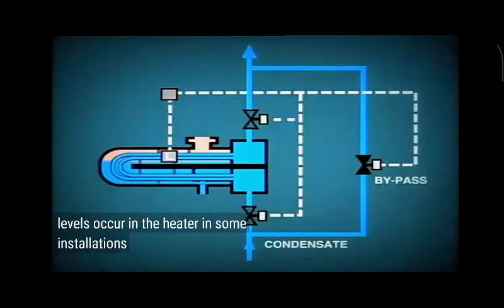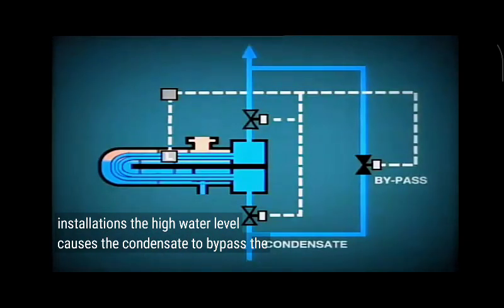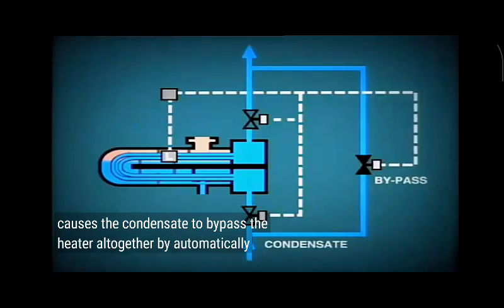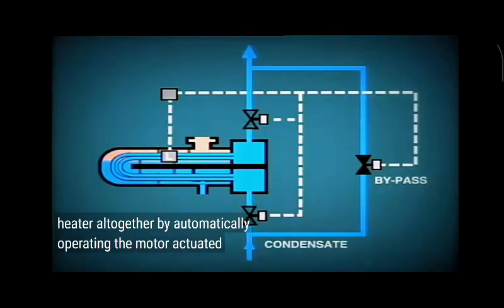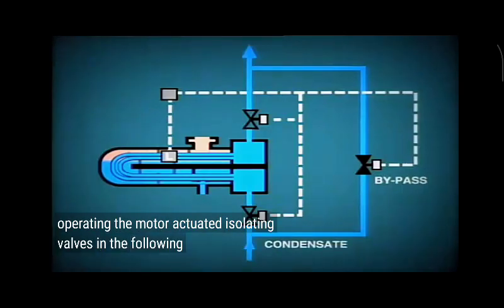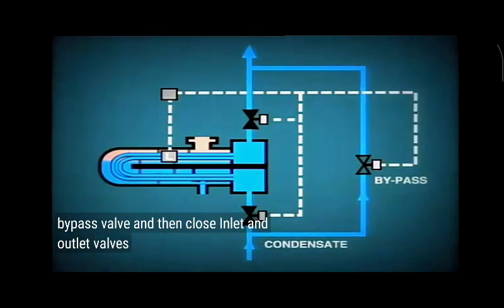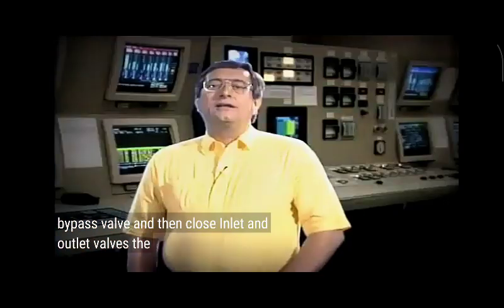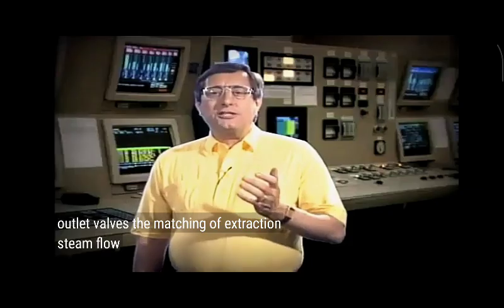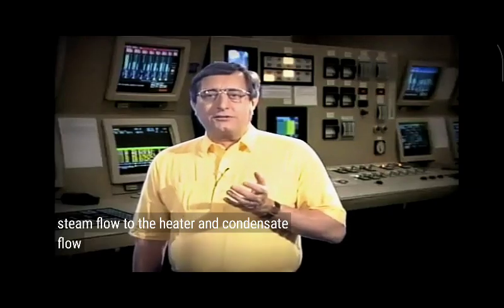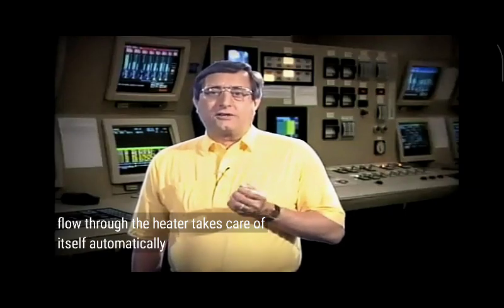In some installations, the high water level causes the condensate to bypass the heater altogether by automatically operating the motor-actuated isolating valves in the following sequence. Open bypass valve and then close inlet and outlet valves. The matching of extraction steam flow to the heater and condensate flow through the heater takes care of itself automatically.